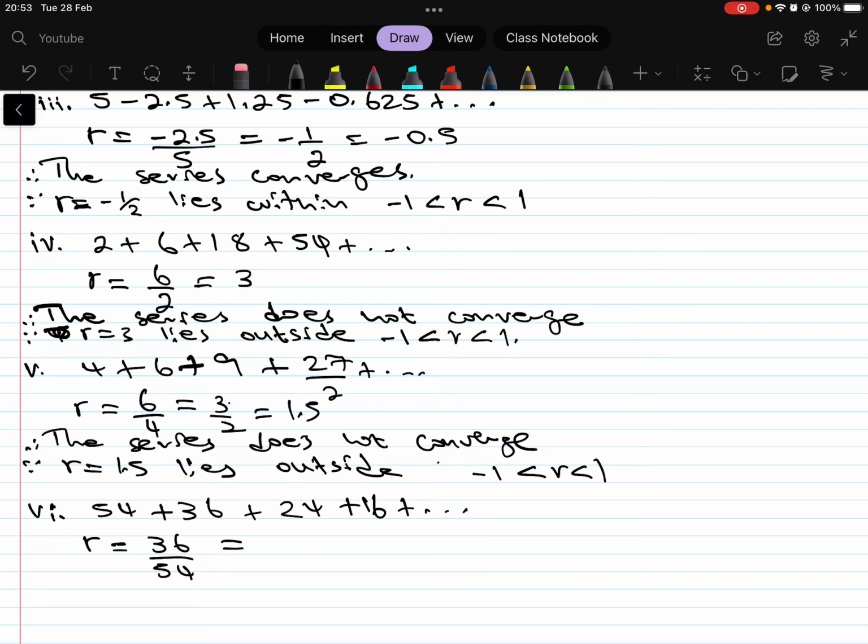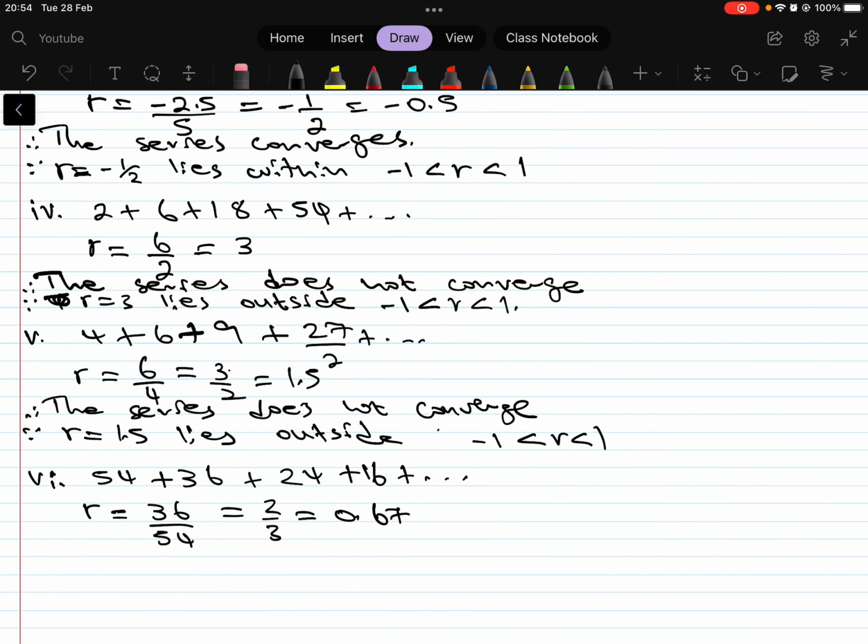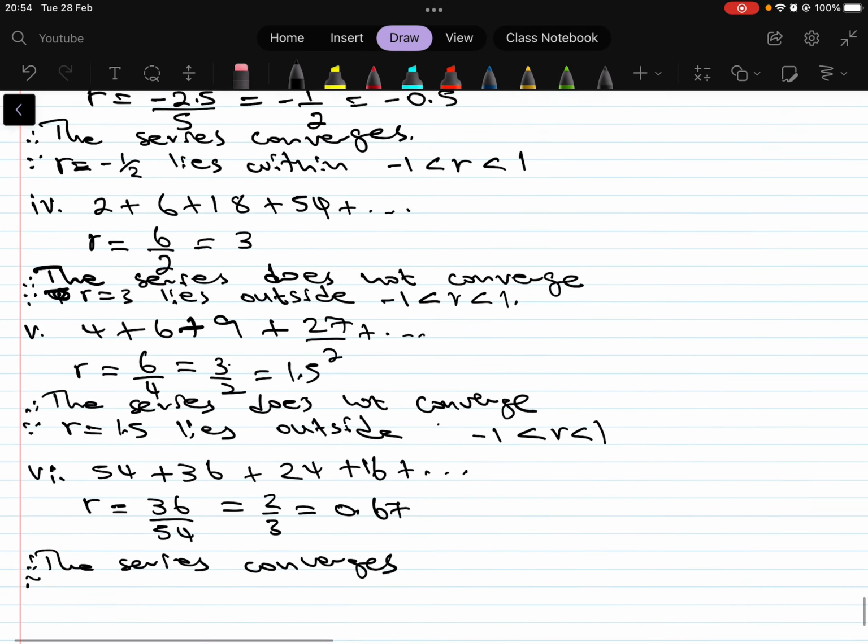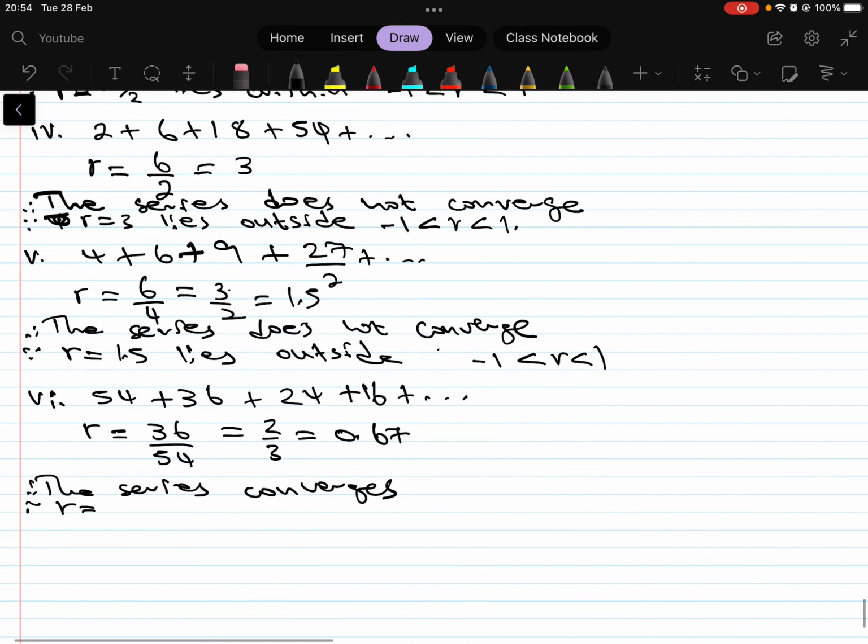When you punch it on the calculator, you get 2 over 3, which is actually 0.67. 0.67 lies within -1 and 1. Therefore, the series converges because R equals 0.67, it lies within -1 and 1.